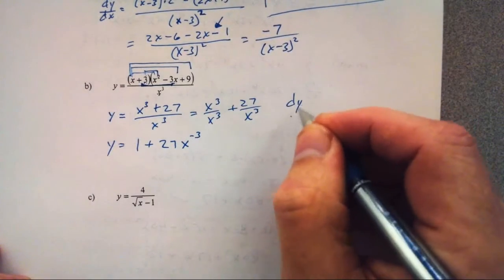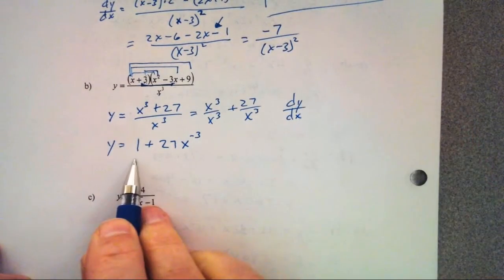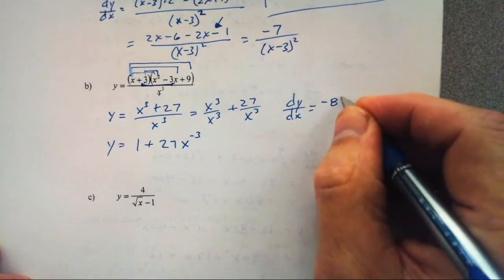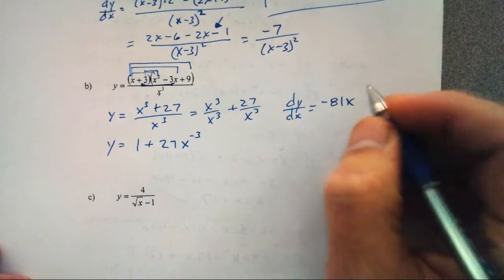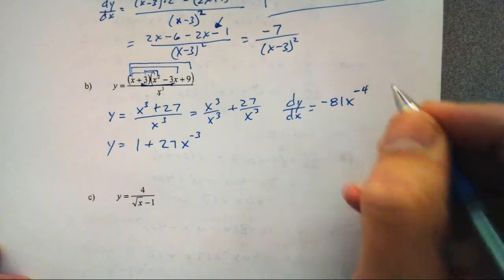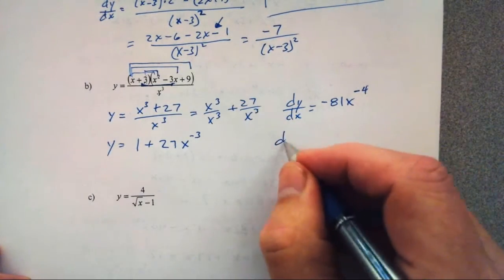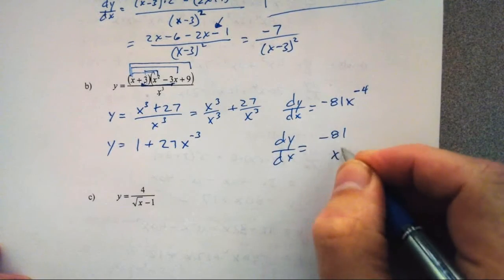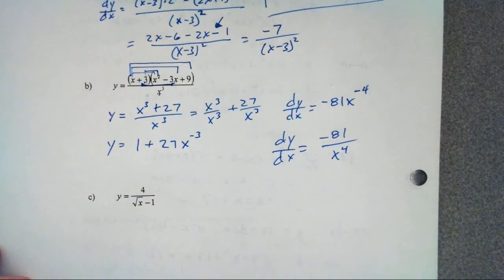Now if I dy dx that, take the derivative of this guy, the derivative of 1 is 0, the derivative of this becomes negative 81 x to the reduced by 1, negative fourth, or dy dx is negative 81 on x to the fourth. Not too bad.